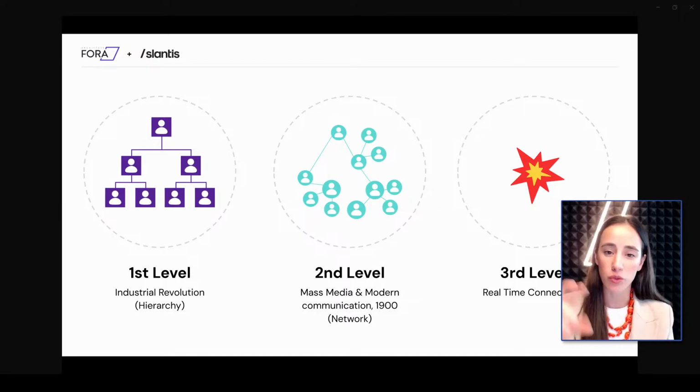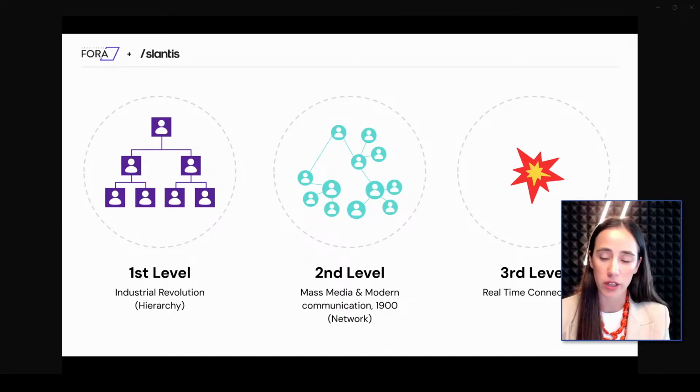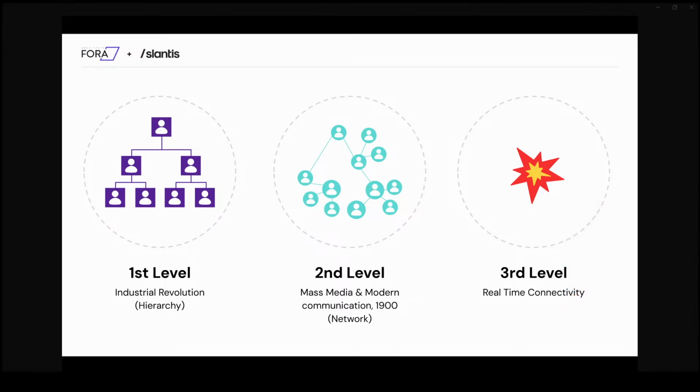So moving into the second level, we've been having these conversations internally a lot. We shared exactly this in our strategic meeting last year at Slantis, where the model should be more of a network model. Right now FORA and Slantis are operating like this network, using digital nodes within the structure.